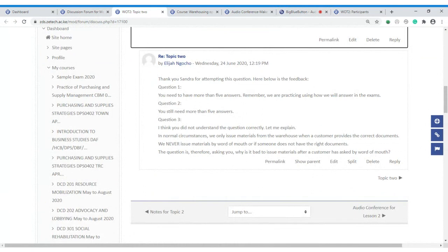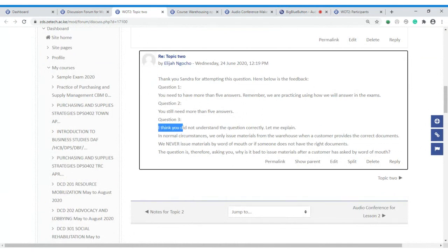Let me explain. In normal circumstances, we can only issue materials from the warehouse when a customer provides the correct documents. What I am saying is that when we are issuing materials from the warehouse, and we know this, you must come with a materials requisition note. You don't do it by word of mouth. You don't come and say, give me that other one, give me that one.